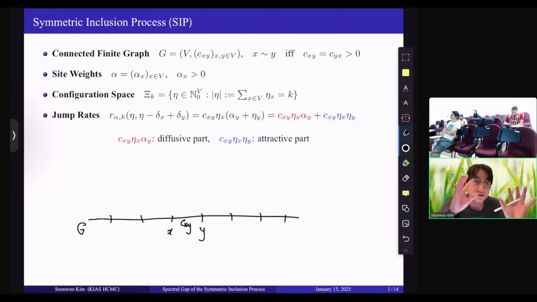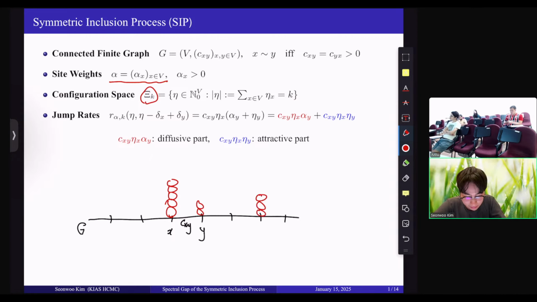We also assume that certain site weights are given to the system, such that for each x in the vertex set, we give a value alpha sub x, and alpha sub x is always positive at every vertex. And then we're doing the particle system, so we think about a specific space of configurations called psi k, the collection of all particle configurations which are possible in the given space G. For example, like this one.